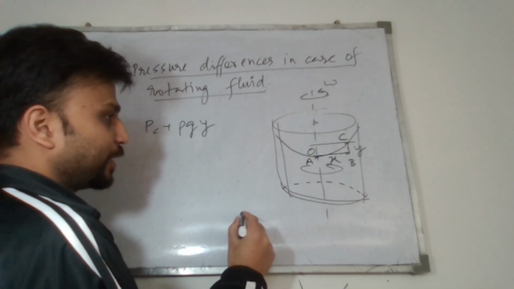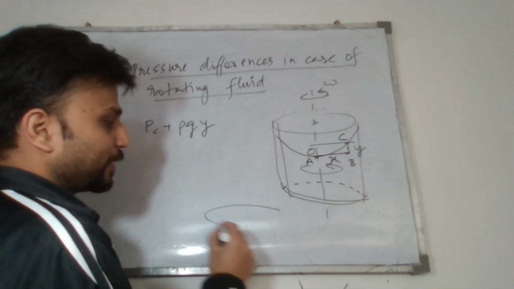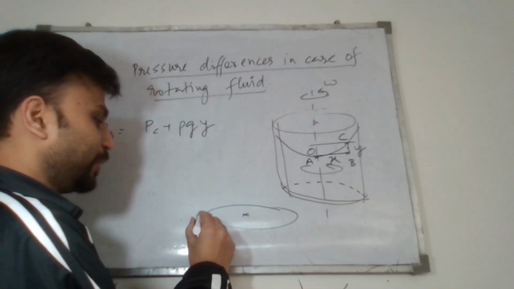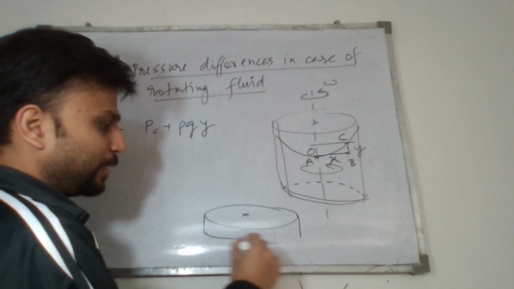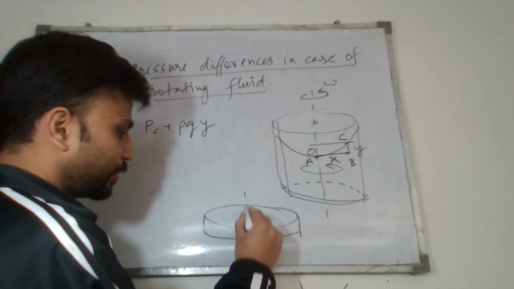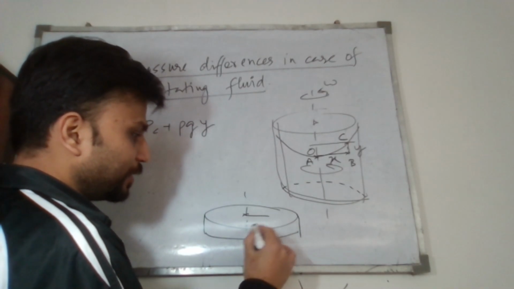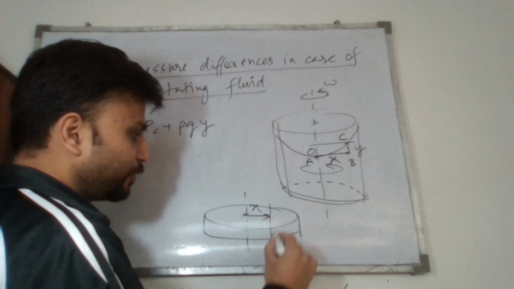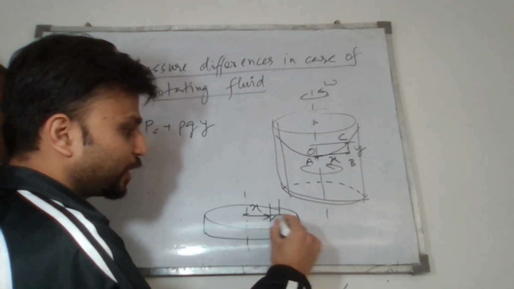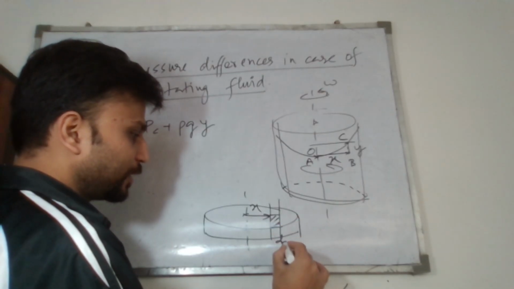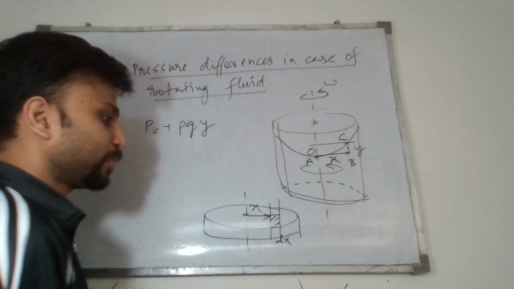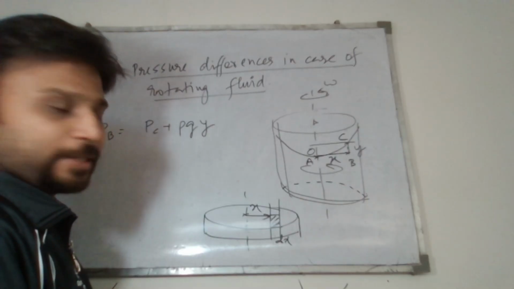Let's say we are considering these fluid particles like this. These are the fluid particles which we are considering. The cylinder you can consider, right? So now at some x distance, we are taking this small section of the fluid dx like this. So this is the dx section of the fluid, right?